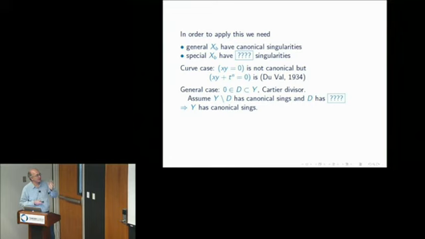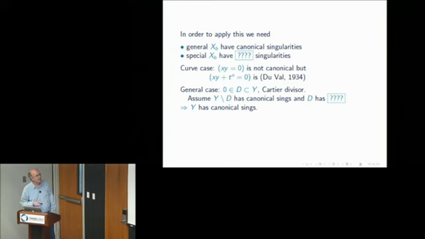So it is defined by the vanishing of some function. And you would like to have a theorem that you assume that if the complement of D has canonical singularity, and D has other singularities, then you would like to conclude that Y itself has canonical singularities.